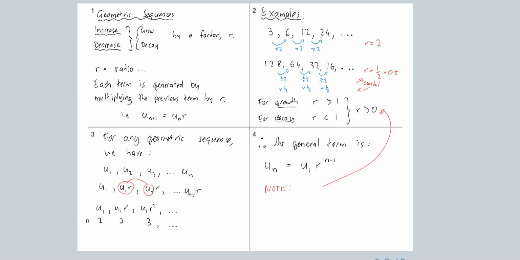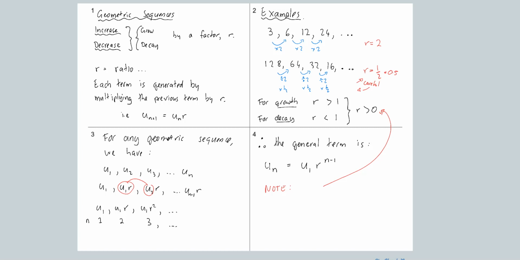And the reason why is because if I have a fraction raised to a negative power, then it actually doesn't exist, which is a bit of an awkward thing for a function. So that's what we're talking about, fractions or negative numbers. So that's a problem. However, in a sequence, it's not a problem.